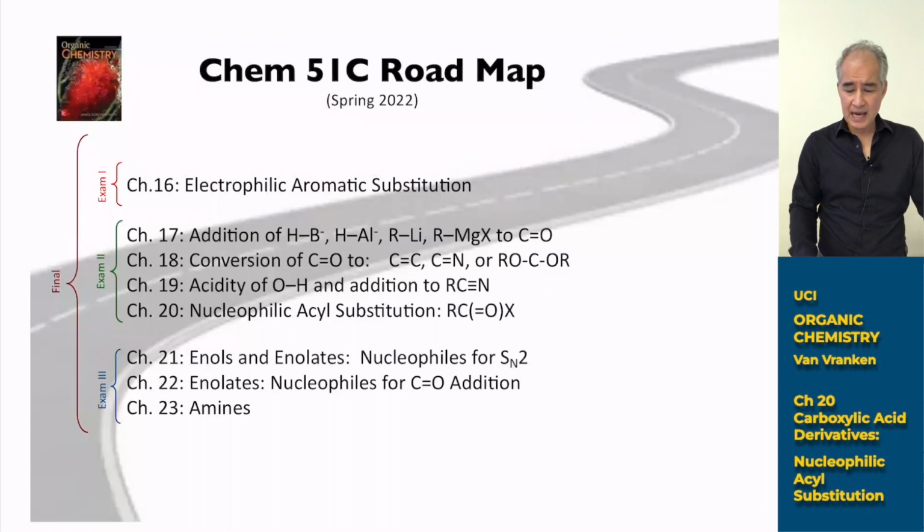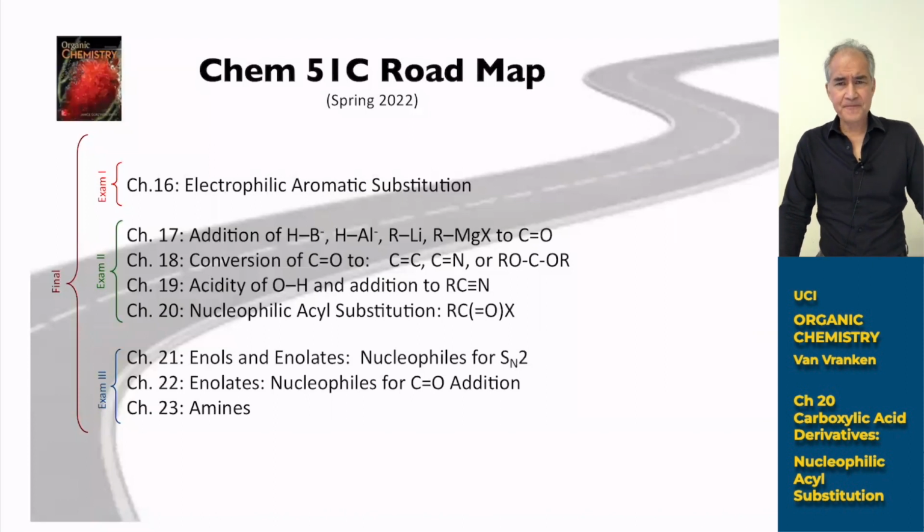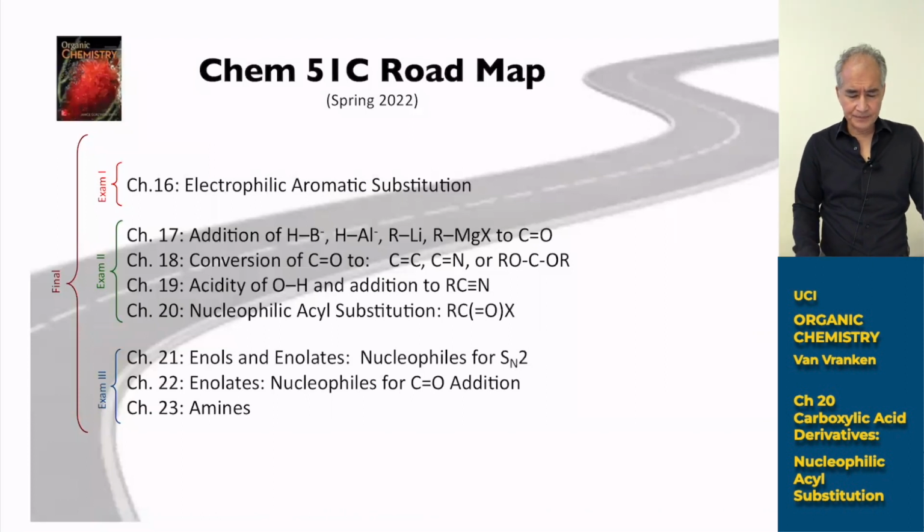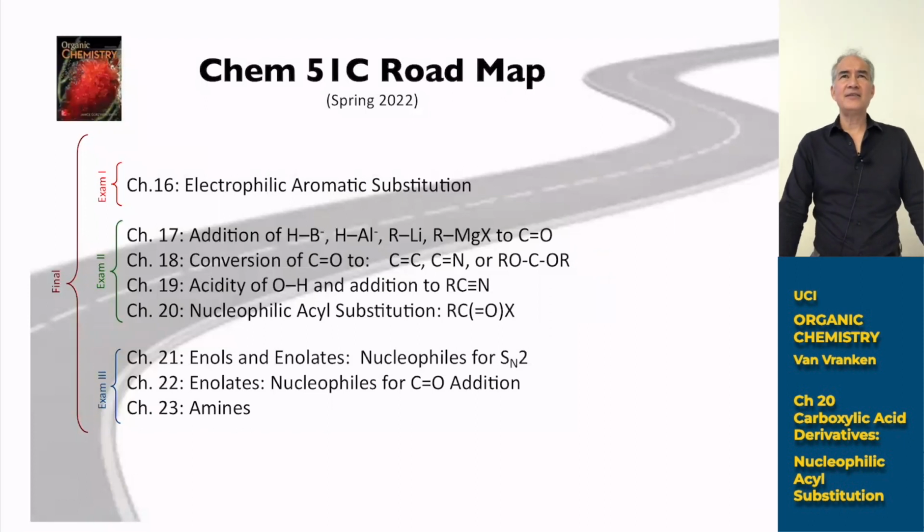Your next exam is going to be on addition to carbonyl groups. We're going to talk about that stuff from chapter 17 where we taught you how to add Grignard reagents to carbonyls and hydride reagents to carbonyls. Super powerful, super important. Of course, I'm going to be putting that kind of stuff on the next exam. Also, cuprates were in that chapter. That has some utility as well. Remember chapter 18 where there were all those transformations of aldehydes and ketones?